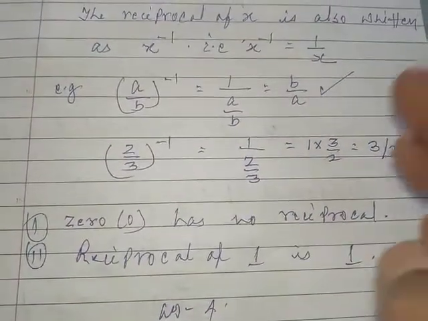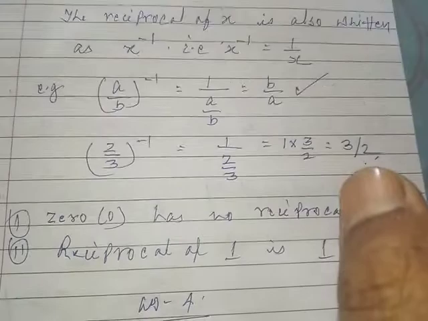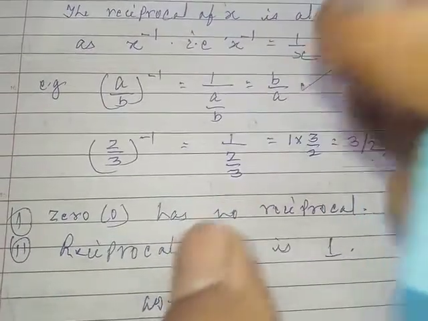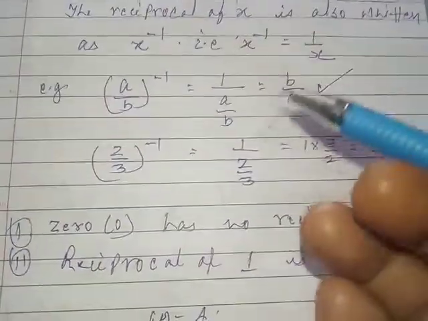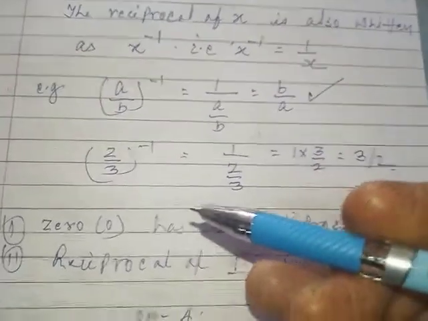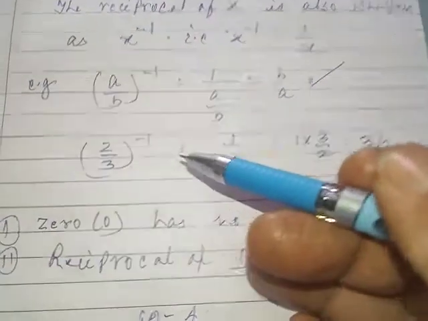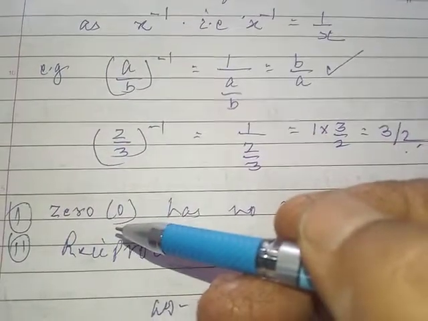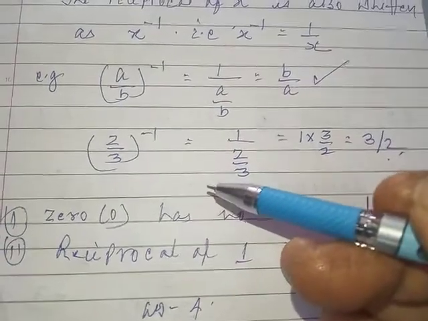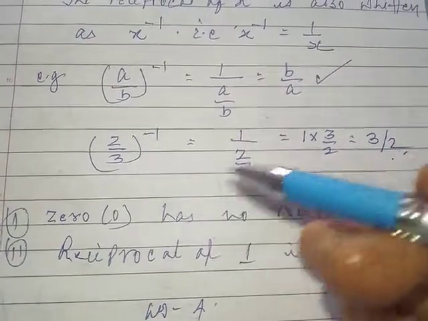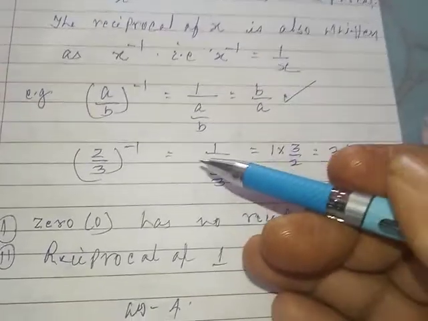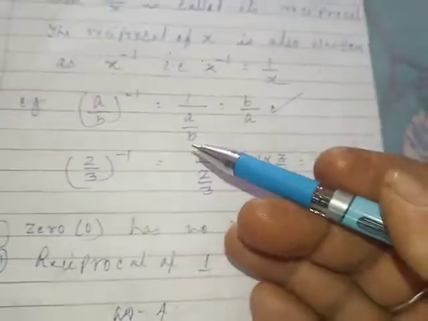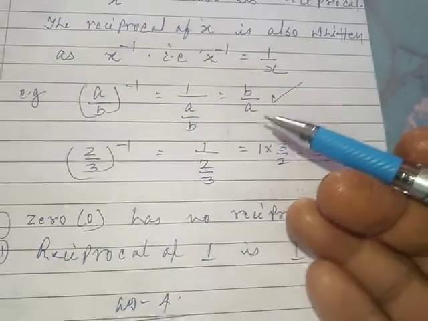Now there are certain properties. 0 has no reciprocal. Why? You may raise the question, why sir, doesn't 0 have a reciprocal? The simple thing is that if you find the reciprocal of 0, you will write reciprocal of 0 is equal to 1 by 0. And you have studied, we cannot divide any number by 0. Division of any number by 0 is undefined.